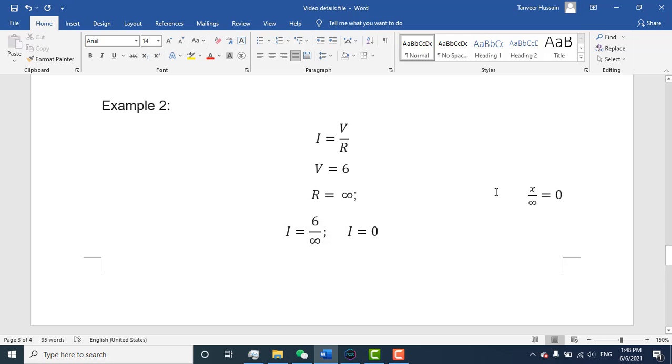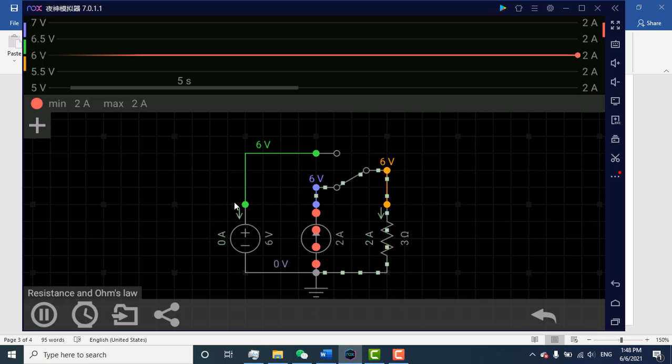You should know that anything divided by infinity is equal to 0. So if I put these values in the formula, I is equal to 6 by infinity, so I would be 0. That's why on this path the current is 0. Here you can see it is 0 amps.